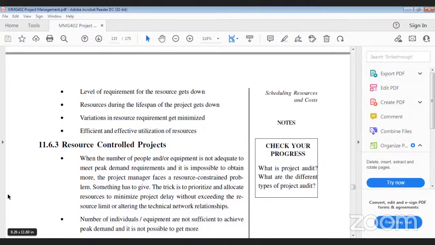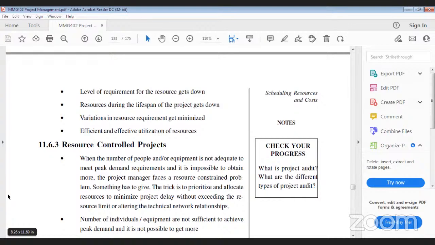Then second is resource control projects, where the number of people and equipment is not adequate to meet the peak demand requirements, and it is impossible to obtain more also. The project manager faces the resource constraint and problems.